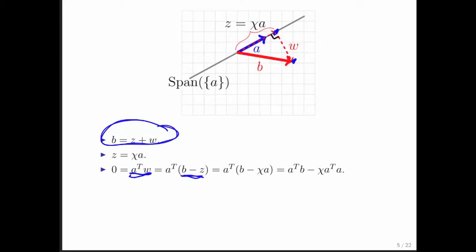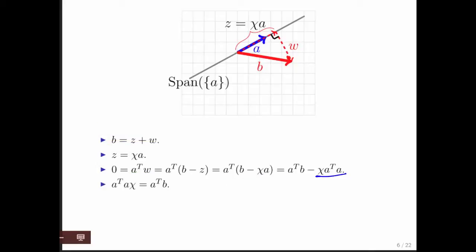And then we know that Z is just some scalar times A. And if we then multiply all of this out, distributing the dot product as we learned in week 1, we get this right here. And if we then bring this to the other side, what we get is this equation right here, which looks remarkably like the normal equations for the case where the matrix A has only one column. And then we can solve for chi.